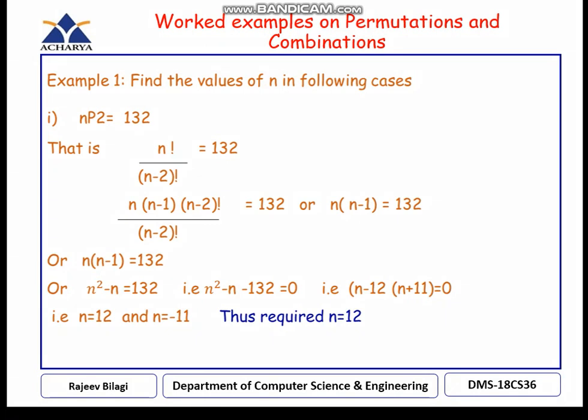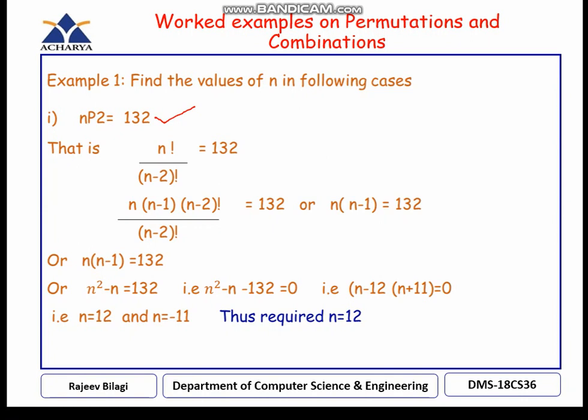Now we are going to solve some problems on nPr and nCr. Find the values of n in the following cases. nP2 is equal to 132. Very simple. I know that nPr is equal to n factorial divided by (n minus r) factorial.